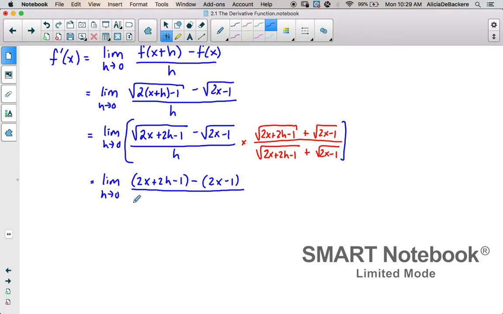And then in the denominator, we're not going to simplify because remember, we're hoping that this h will cancel out. So I don't want to multiply it in. Plus, it doesn't really help much to multiply it in. All right, so now in the numerator, I've got 2x minus 2x, so that goes away, and then I've got minus 1, and I'm subtracting negative 1, so I'm adding 1 over here, so those cancel out as well.